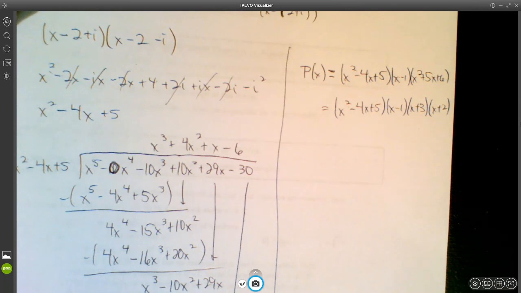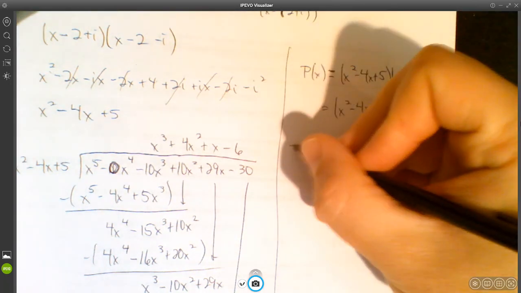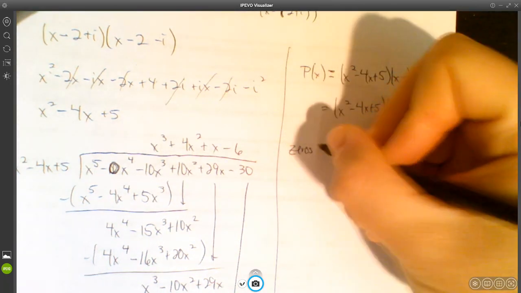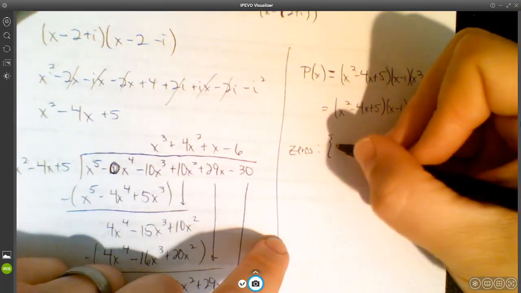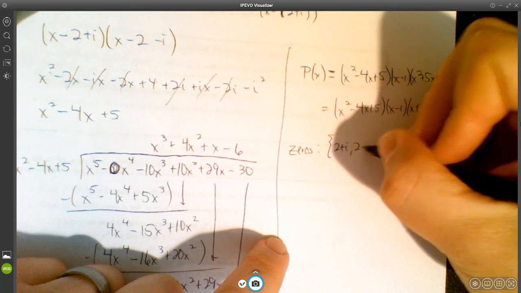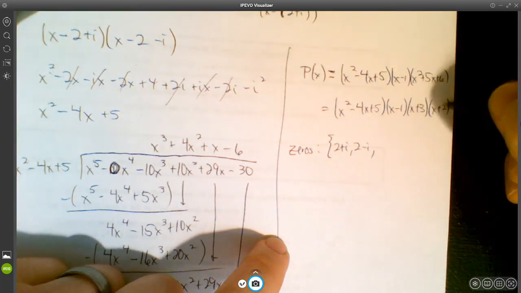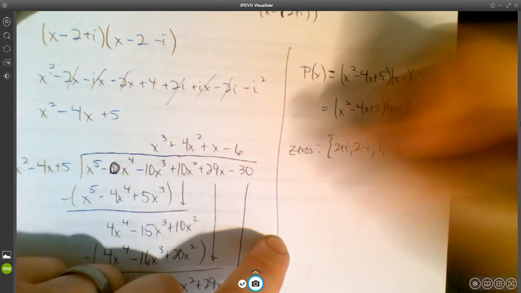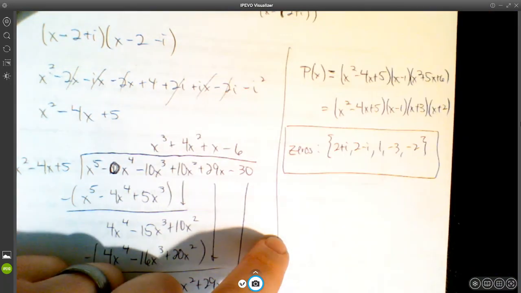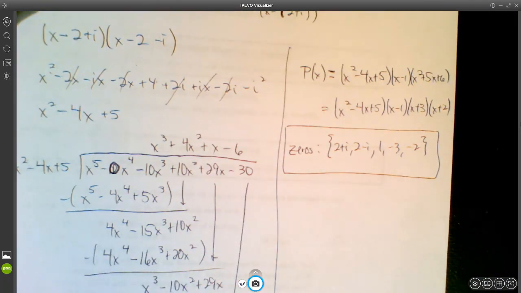So they're all the zeros, right? Well, first of all, from this factor I have 2 plus i and 2 minus i. And then from the remaining factors I get 1, negative 3, and negative 2. 5 zeros, right? Started with a degree 5 polynomial.